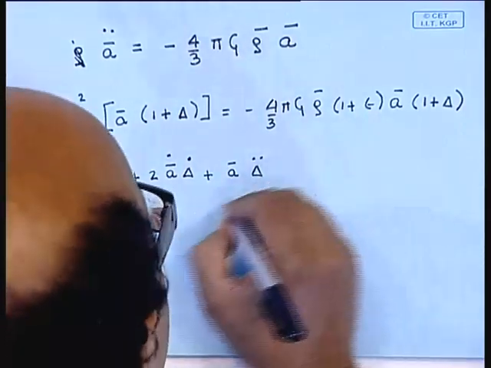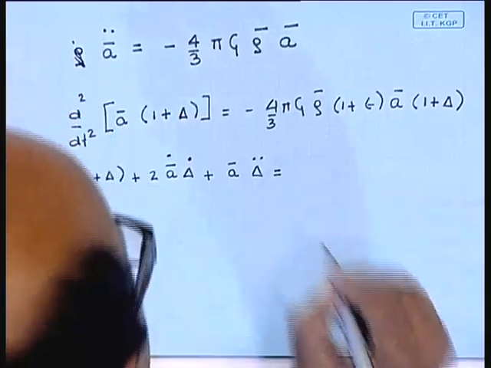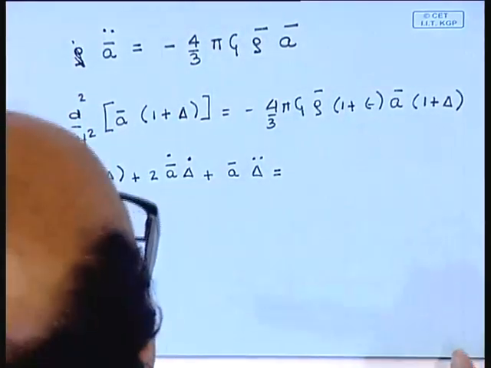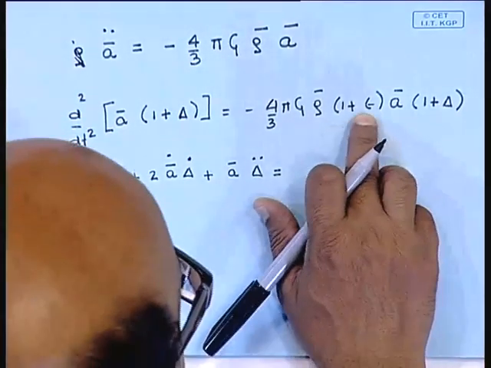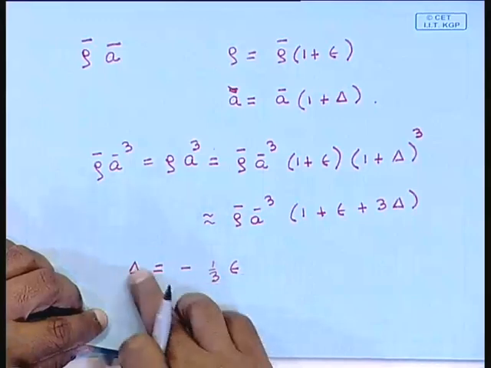This is equal to, let us get rid of this epsilon. This epsilon, we have seen, is minus 3 delta. Epsilon is minus 3 delta.